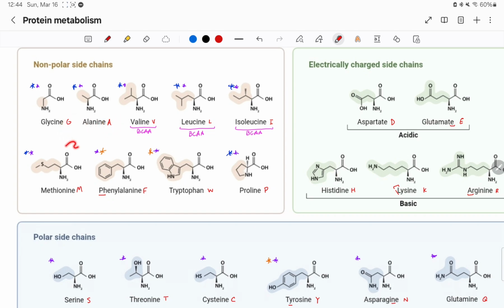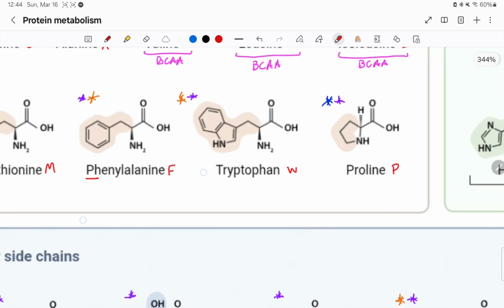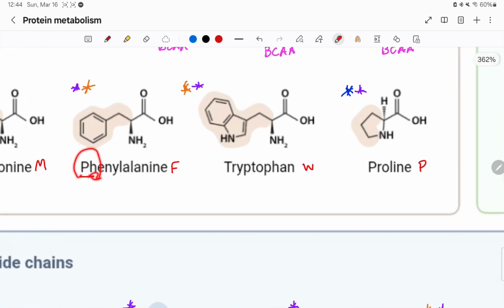Glycine is G, alanine is A, valine is V, leucine is L, isoleucine is I, methionine is M. Some of them are weird, though. For example, phenylalanine is not going to be P. Here's how I like to remember it: phenylalanine makes an F sound, so it has to be F.